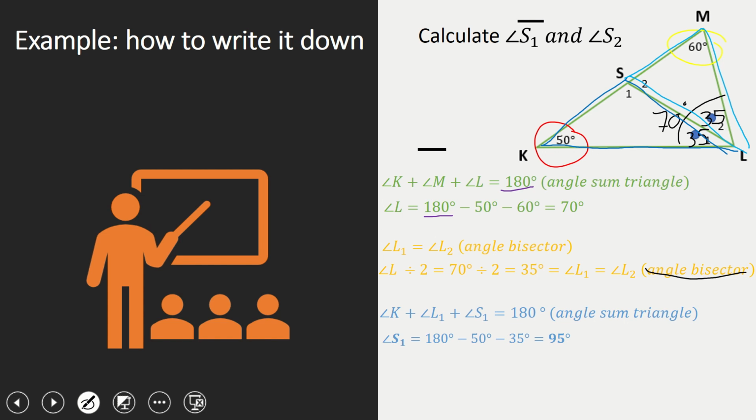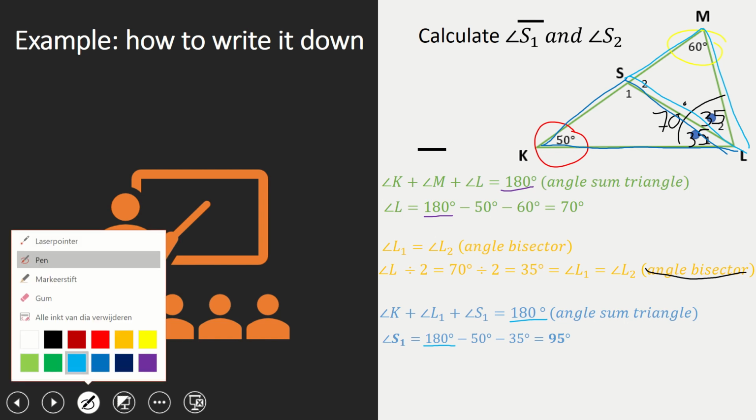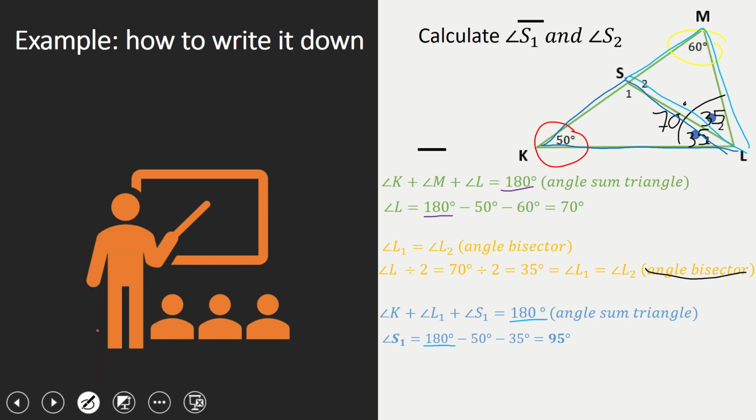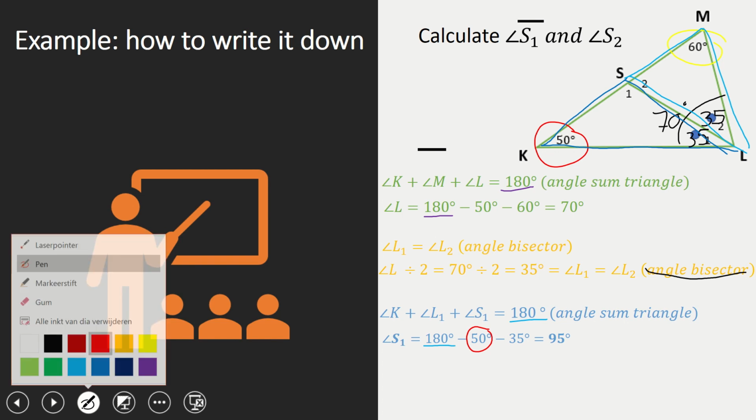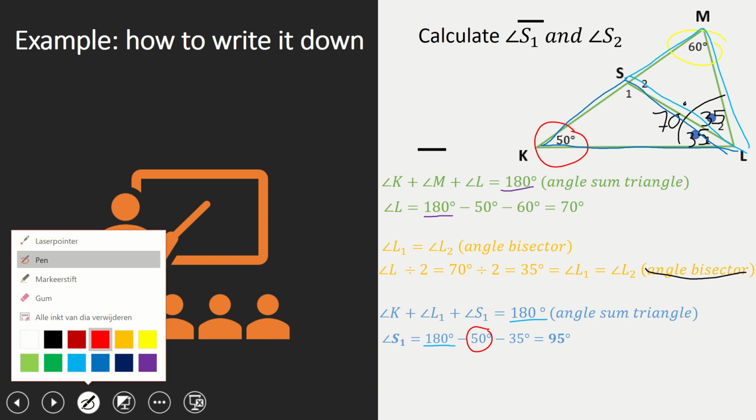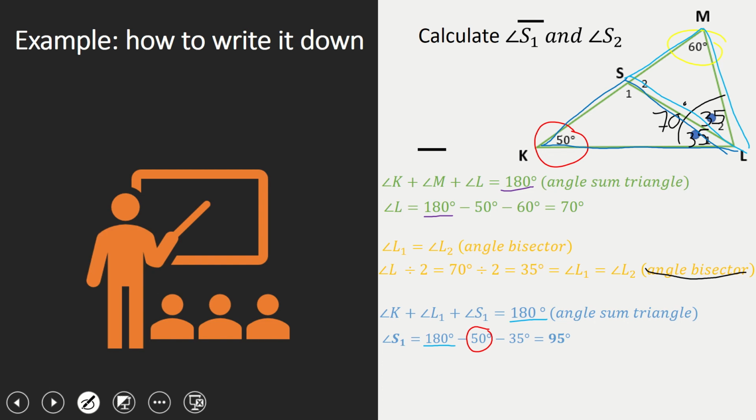So I know that angle S1 must be 180 degrees because of this, minus 50 degrees because that's what angle K is, minus 35 degrees because that is angle L1. And it's 95 degrees.